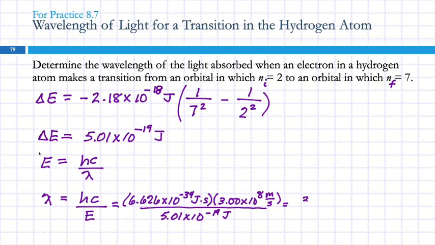So this is 3.97 times 10 to the minus 7 meters.